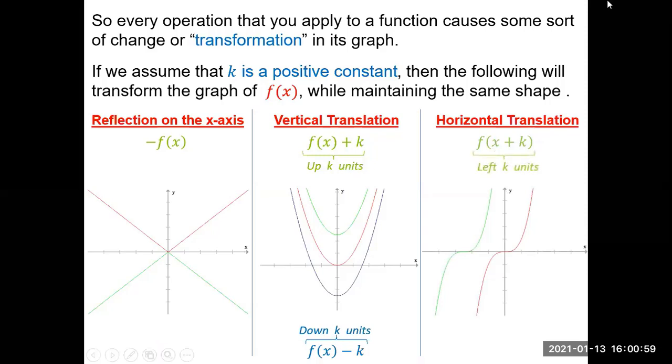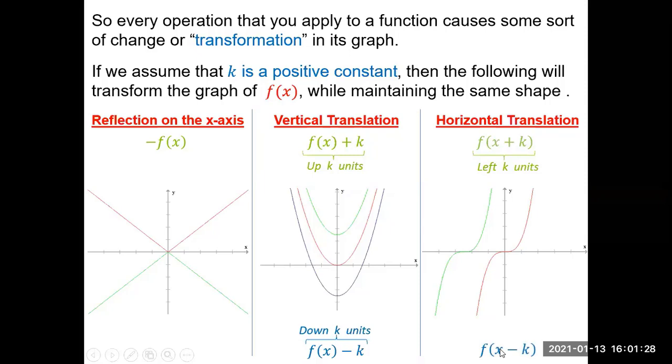But the important thing to recognize about horizontal translations is that even though we're adding k, you would expect that would move right into the positive direction when in fact it does the opposite. And the reason for that is because what do we have to plug in for x in order to give the input of 0? And it would always be the opposite of the value k.